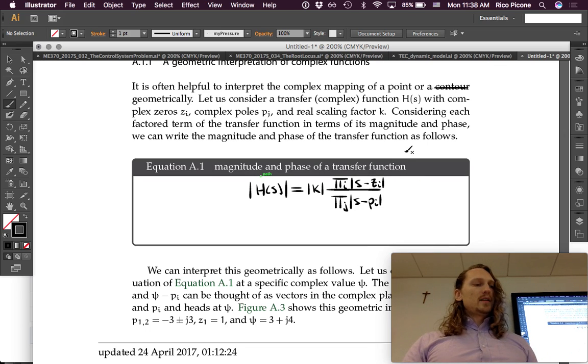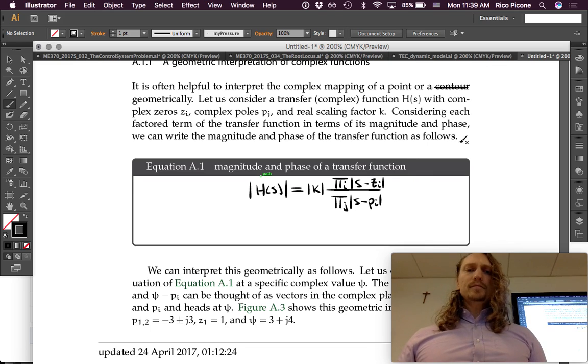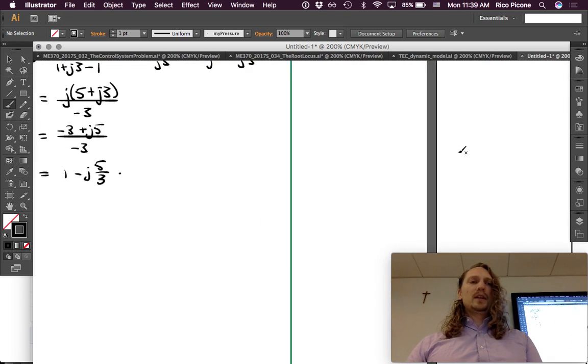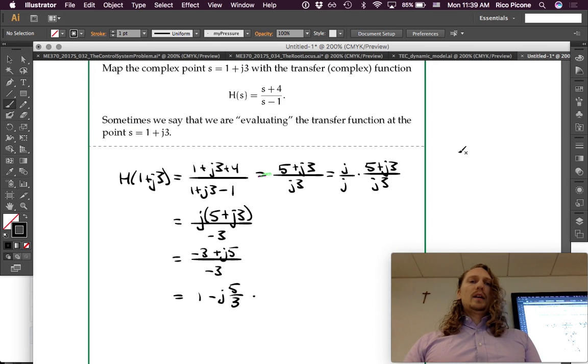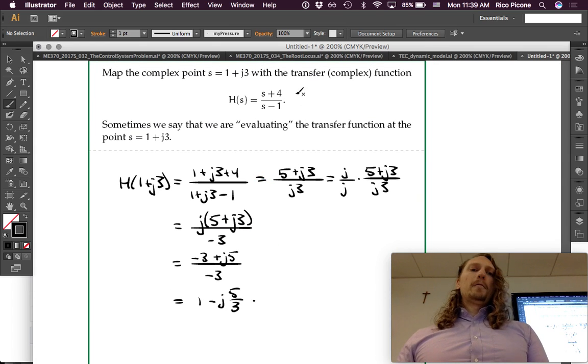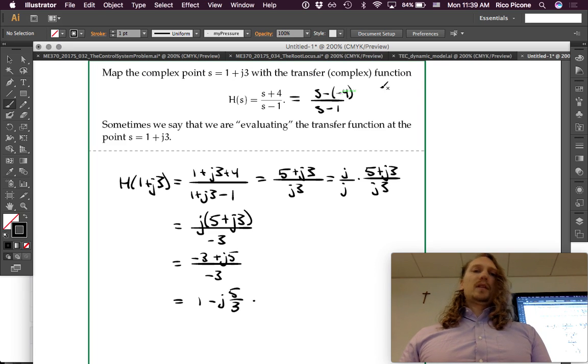So what we have in mind here is a transfer function just like the one we were using a moment ago, rewritten as, actually no, scratch the minus 1. We have in mind s minus negative 4 and s minus 1.